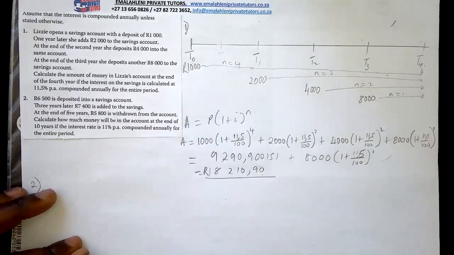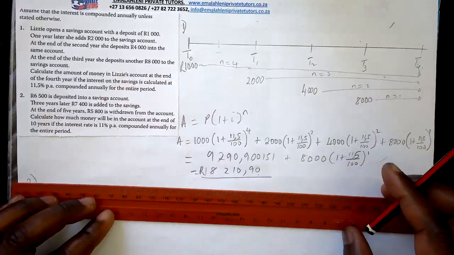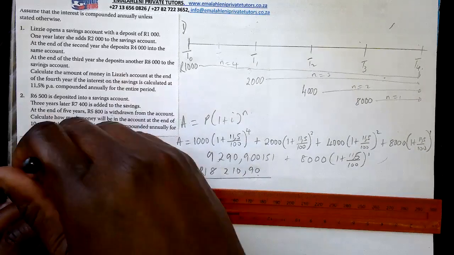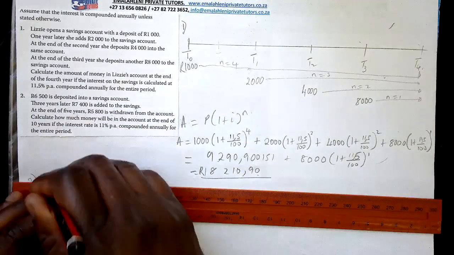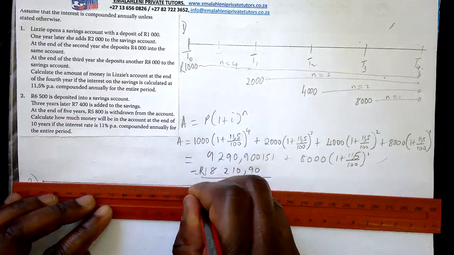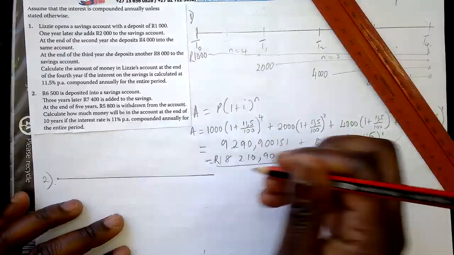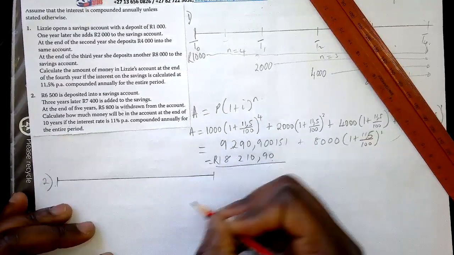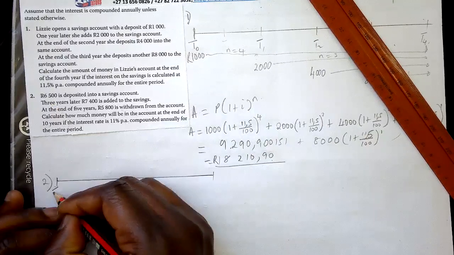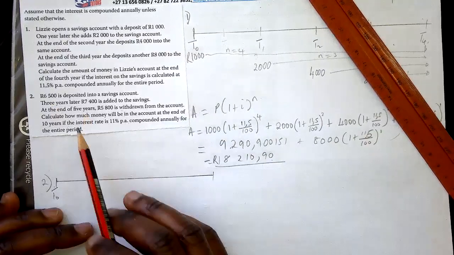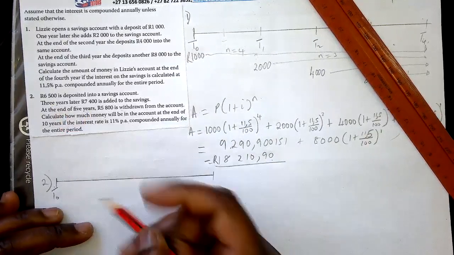Now, what we need to understand here is a different scenario, and it is very tricky. I'm going to put it here at T0, and I'm going to skip some of the years, okay? So 3 years later, that's T3.